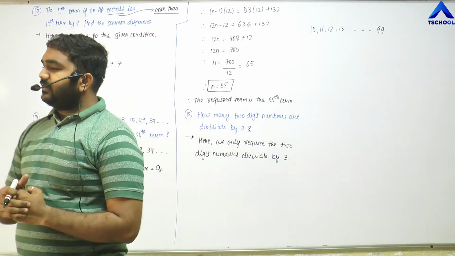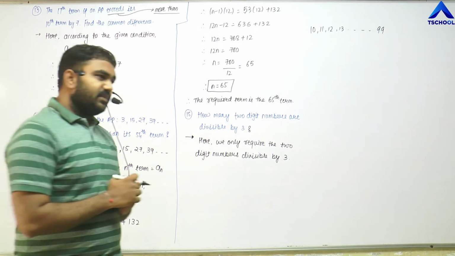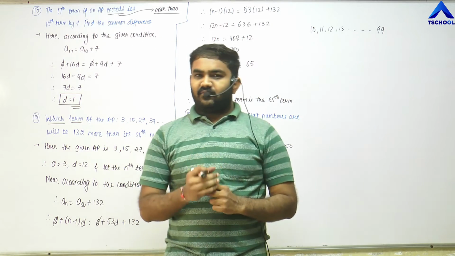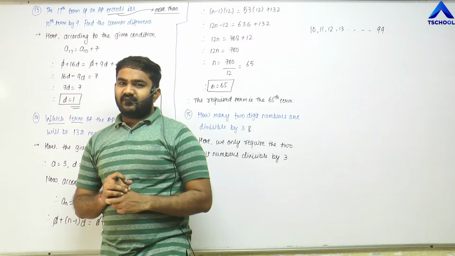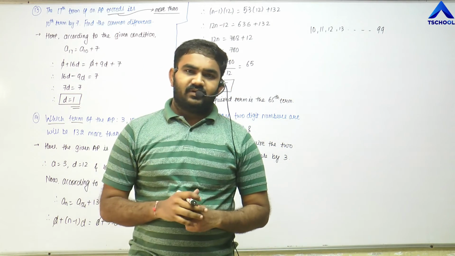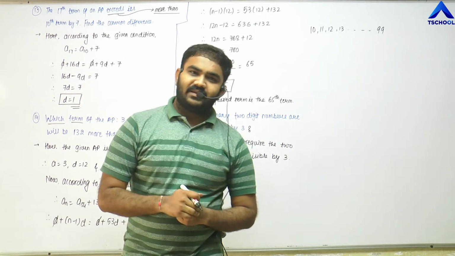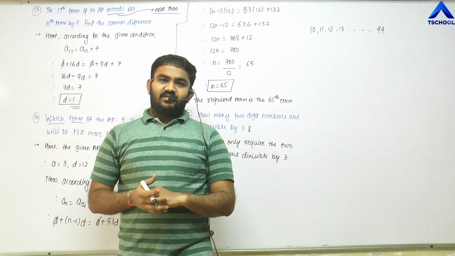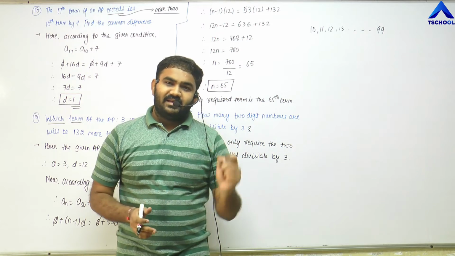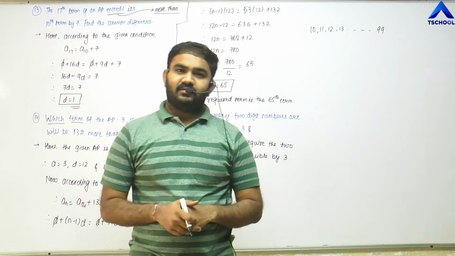Now we only require the numbers that are divisible by 3. So to find this, we can simply check which of the numbers are perfectly divided by 3. Perfectly divided by 3 means the numbers are divided by 3 leaving 0 as a remainder, right?